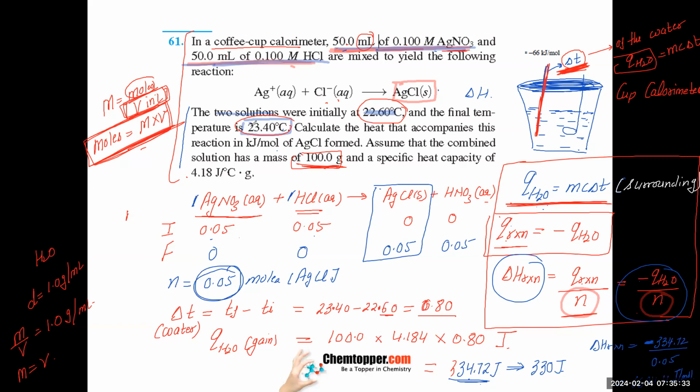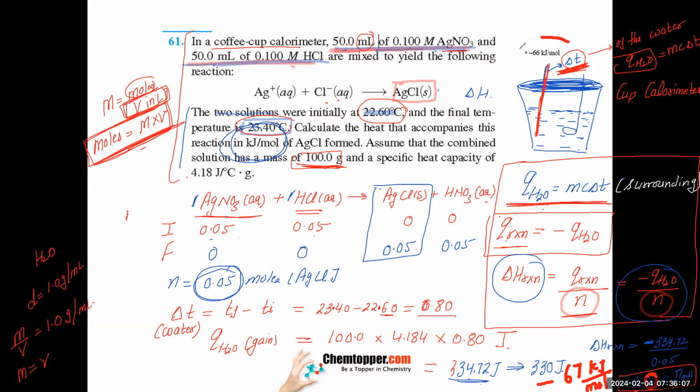But they're asking for the answer in kilojoules per mole and up to two significant figures, and there is a minus sign. So convert this answer into kilojoules and two significant figures, and you will get minus 67 kilojoules per mole. When you drop 94, it will become 67, right?